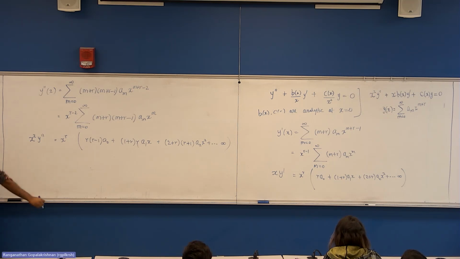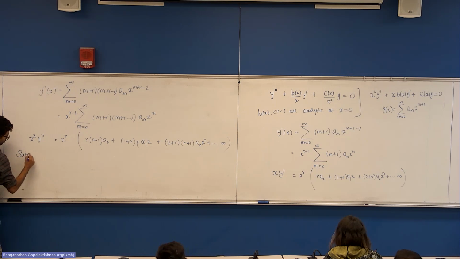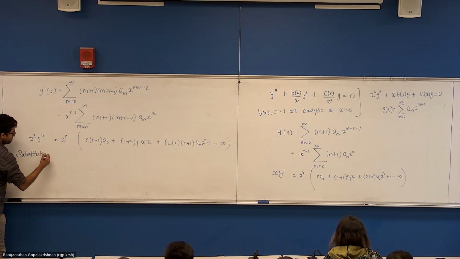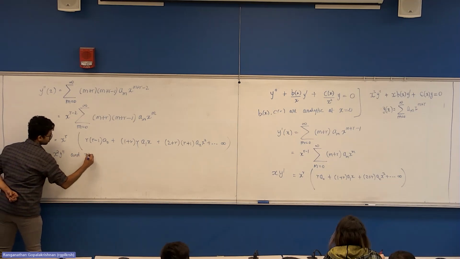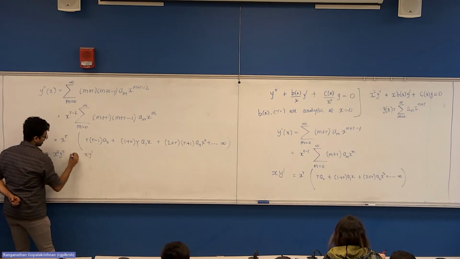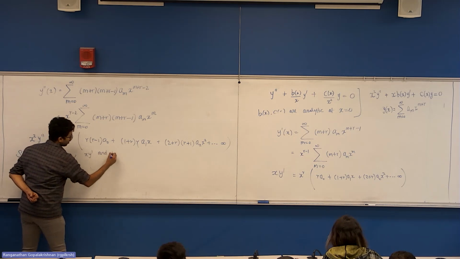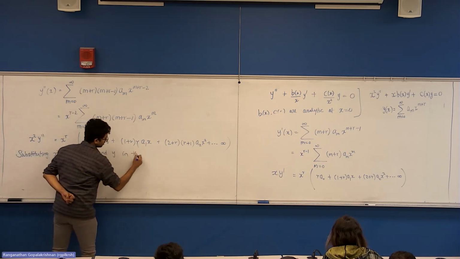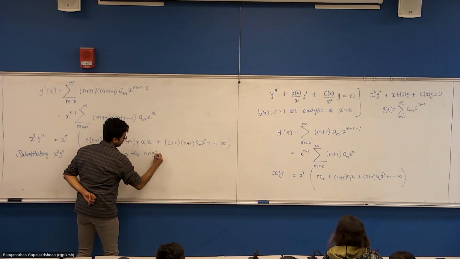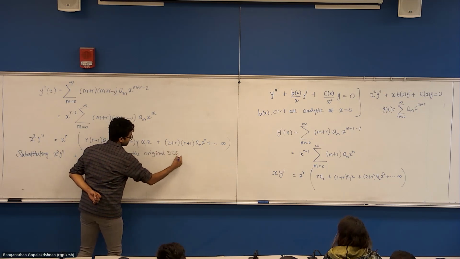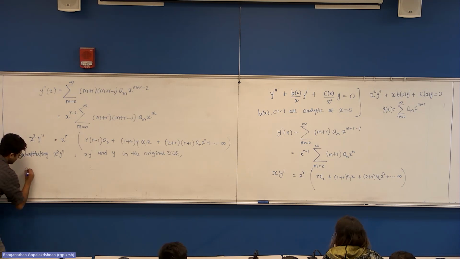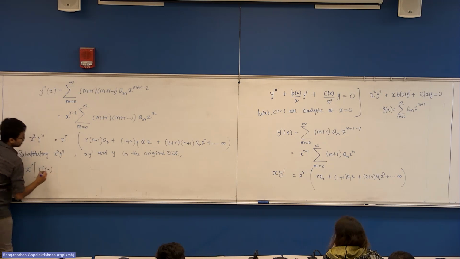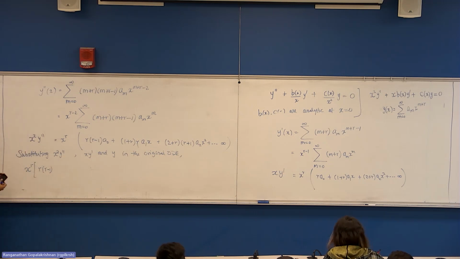So I'm going to write substituting x squared y double prime and x y prime and y in the original ODE. So I'm going to get x power r multiplied by r times (r minus 1), or maybe I should write that on the other side.